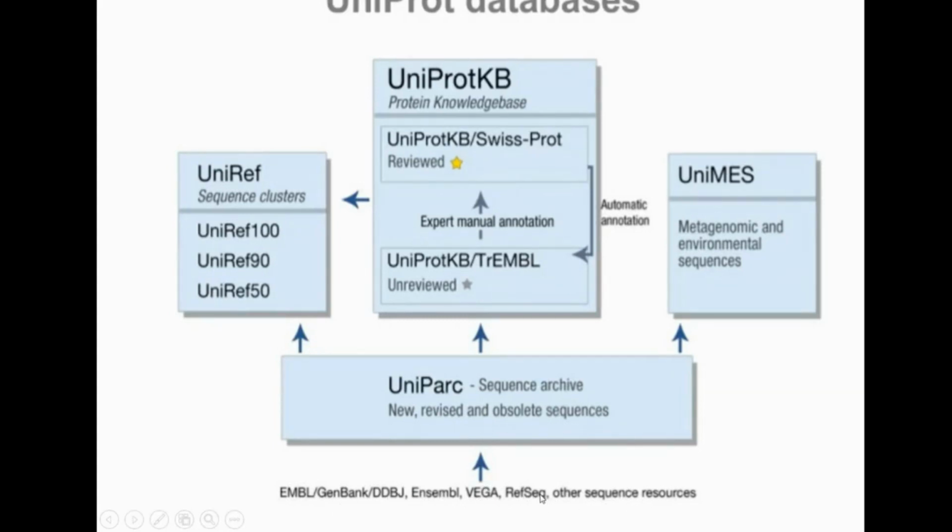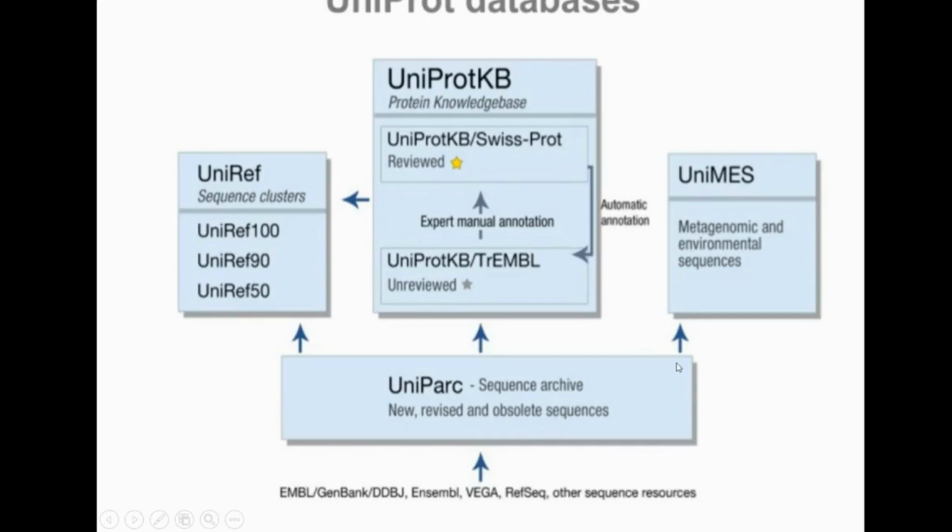The coding part gets translated into protein sequences and moves to UniParc, the protein sequence archive which contains the new and revised sequences. From UniParc, the data move to UniRef, UniProt KB, and UniMes.